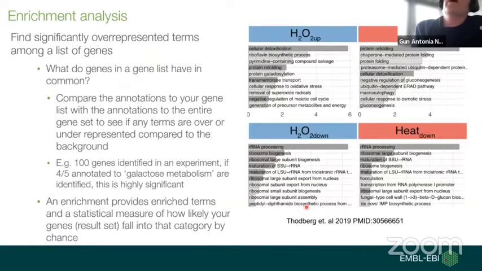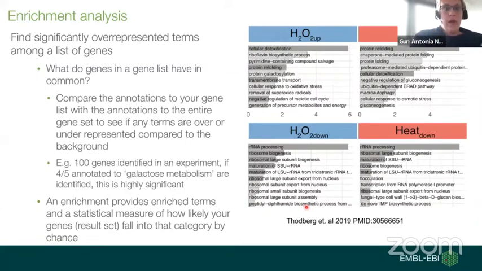So moving on to how you can use the Gene Ontology. Enrichment is a way to find, if you have a list of genes, what terms are statistically overrepresented in your list? So basically what they have in common.